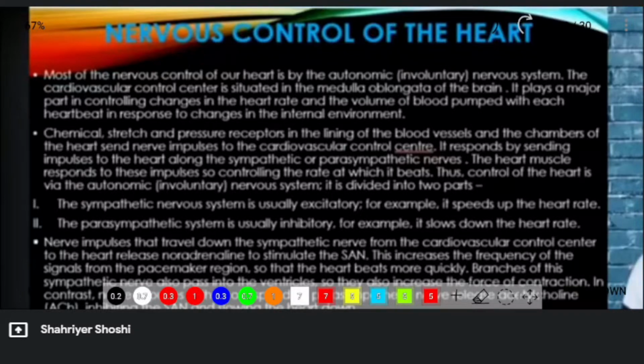Now, which part of the brain is this situated in? The medulla oblongata. And where is this part of the brain? Not actually in the center.